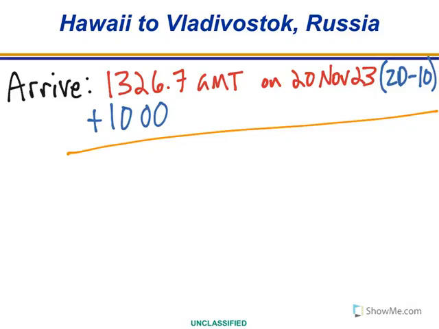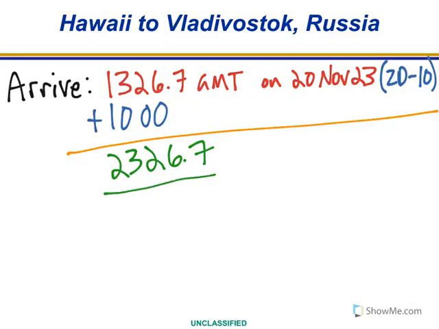We'll do some math. Again, I always like to start with the smallest units first, so let's do minutes. 26.7 minutes plus 0 minutes is 26.7. Now we'll do our hours. We'll take 13 hours, add it to 10 hours, and we get 23.